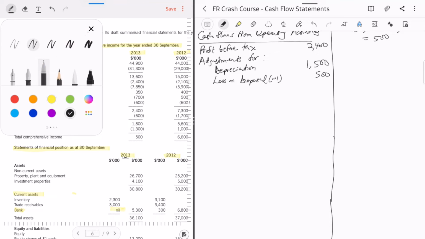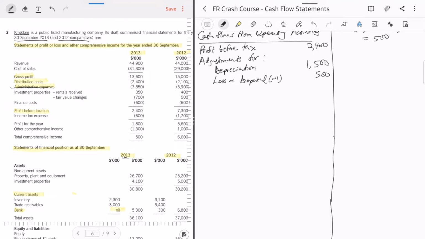What you have at this point will be your operating profit, right? So anything between PBT, that's profit before tax, and this particular place must be adjusted for. Some questions will actually clearly mention your operating profit, but we didn't get that here. So no problem. What we need to do is adjust for finance costs and investment property movement, because those things are between operating profit and profit before tax.